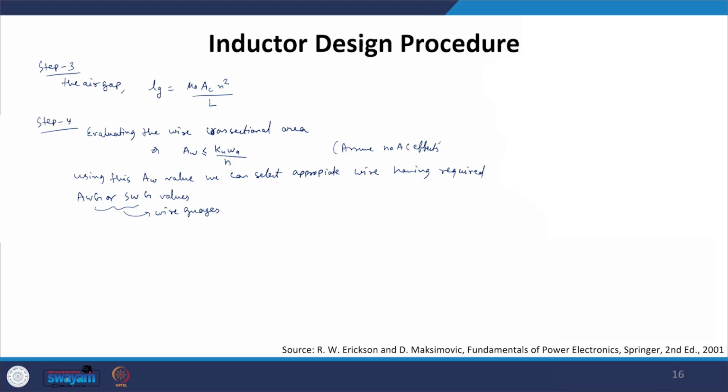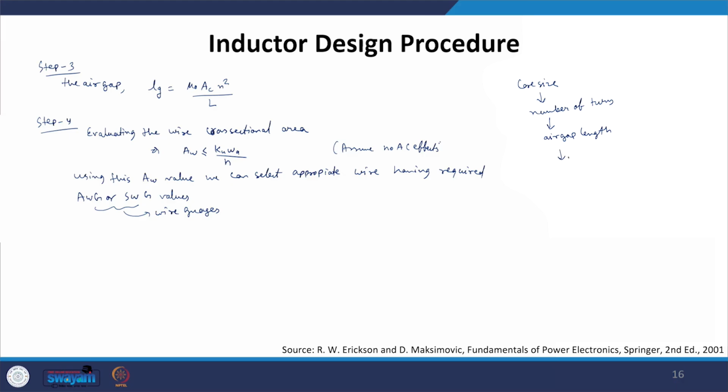So, this is how one can design the inductor, where we have obtained the core size, and after obtaining the core size we have defined the number of turns which is required to obtain the required value of the inductance. After that we have defined the air gap length which has to be introduced.